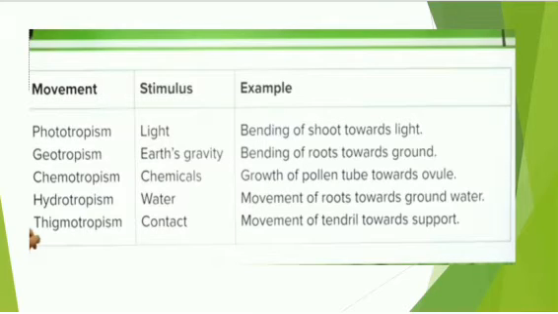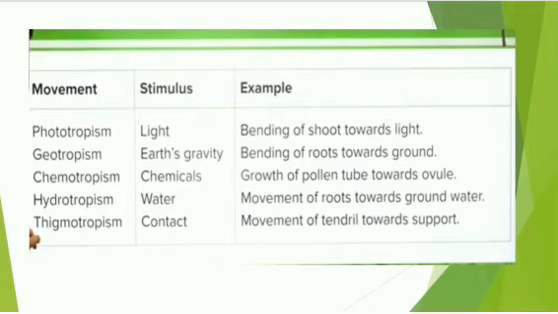If you keep a plant in a shady area, then after some days you can observe that the plant will grow towards the light. The leaves and the stem, those parts of the plant bend towards light. So that is called phototropism.